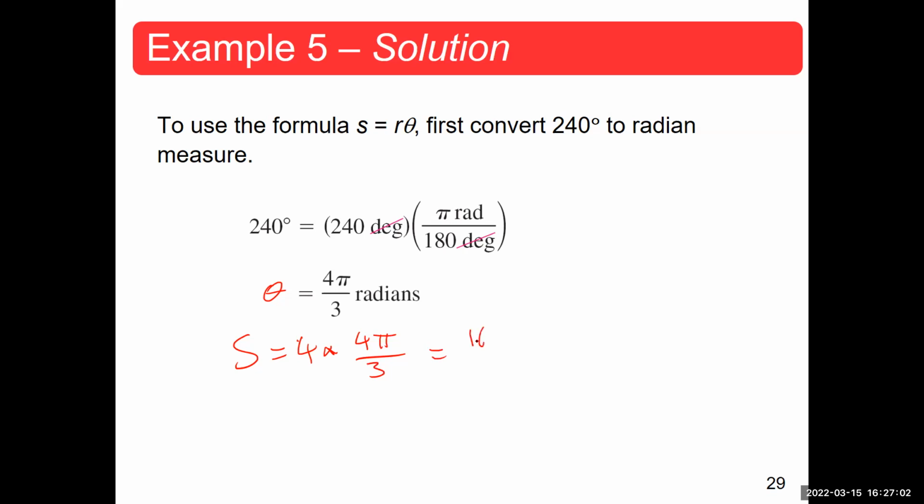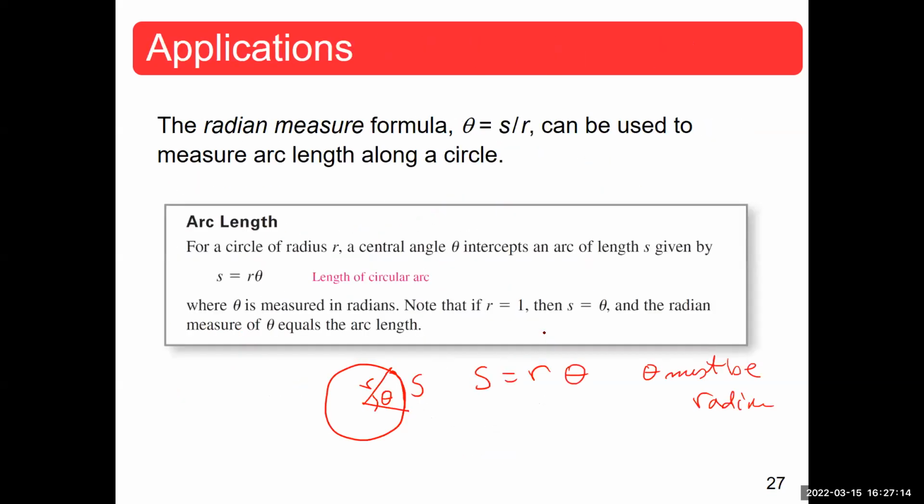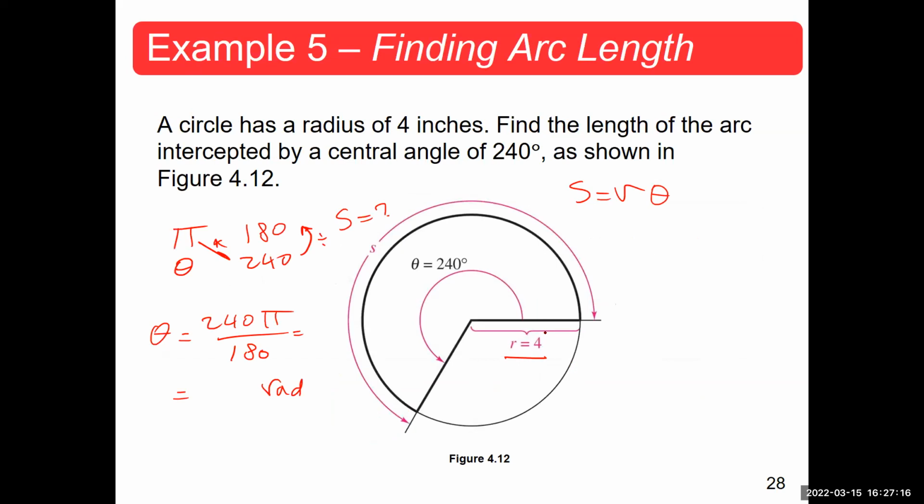So the answer is 16 pi over 3. That's the length. That should be the same unit as R. They said 4, what's the unit? They didn't say what unit, but doesn't matter.